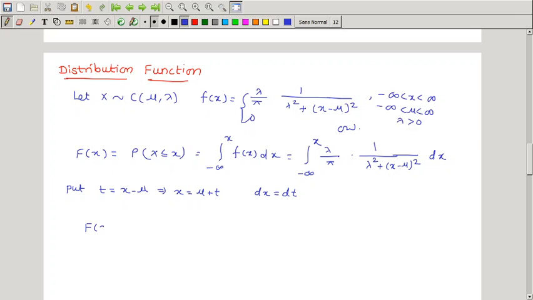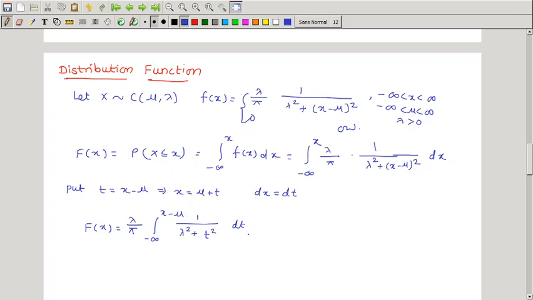Now further we will substitute this in the distribution function. So F of x is equal to lambda upon pi, which is constant, taken outside the integration sign, times the integral from minus infinity to t, since the new variable is t, and t is nothing but x minus mu, of 1 upon lambda square plus t square dt.